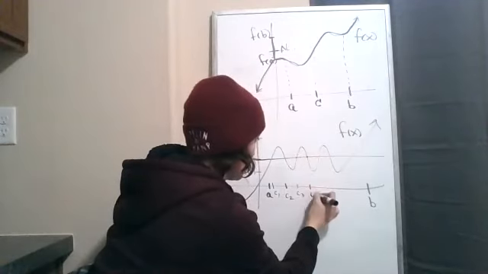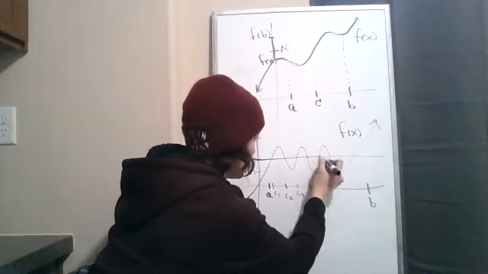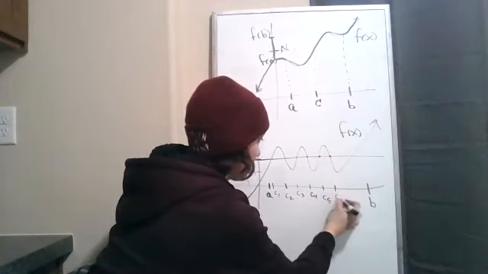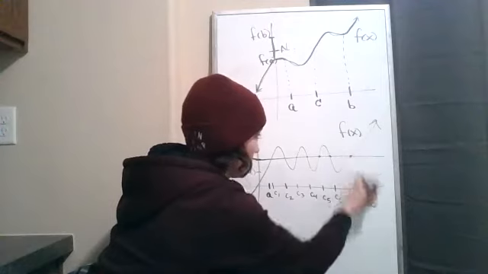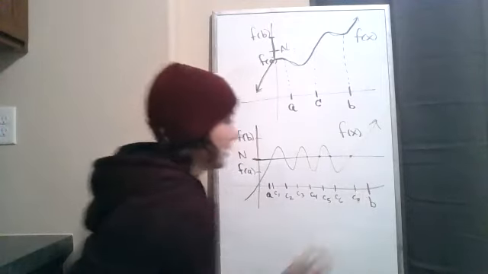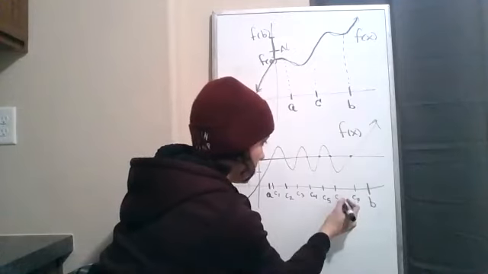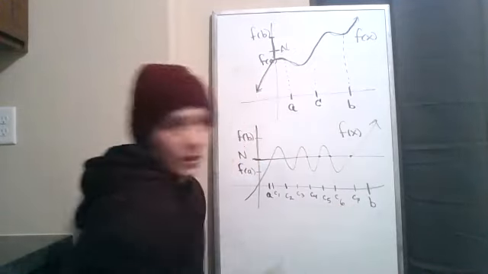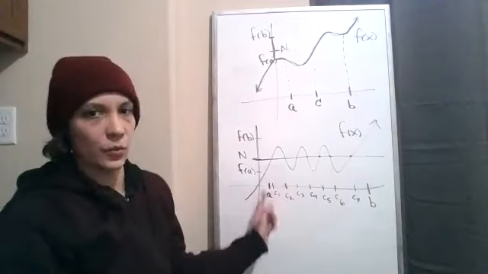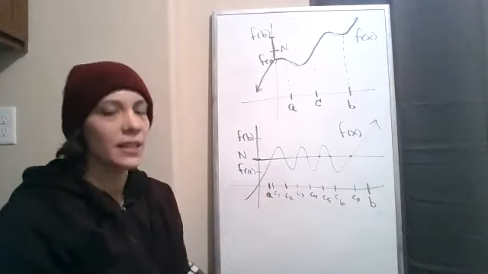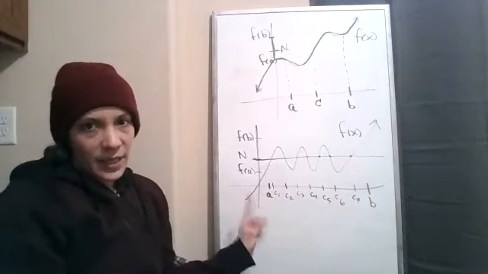Here, c4. Here, c5, c6, c7. So the theorem says that there exists at least one, but maybe there's more. This one had 7 different values of c that satisfied the intermediate value theorem.